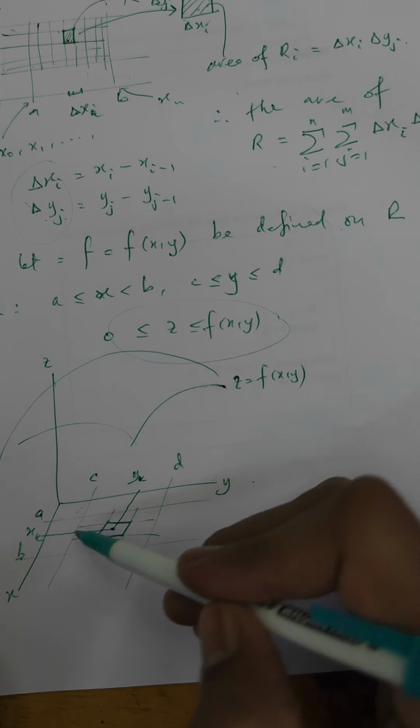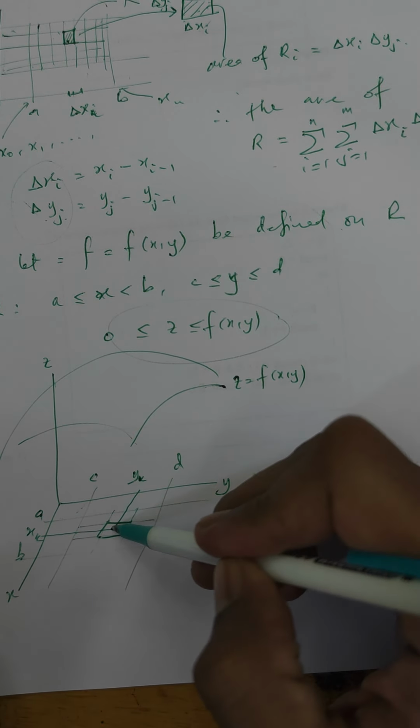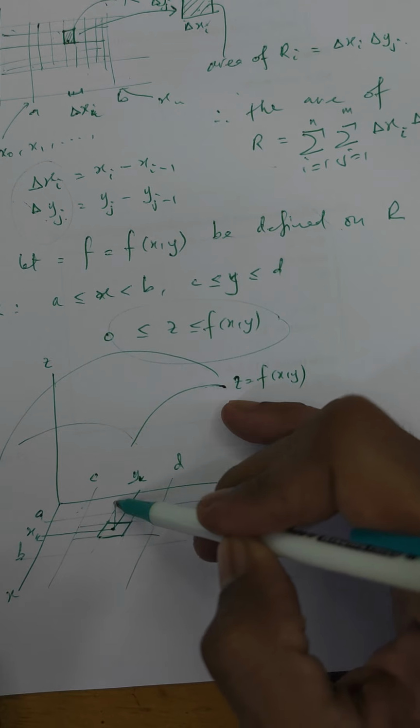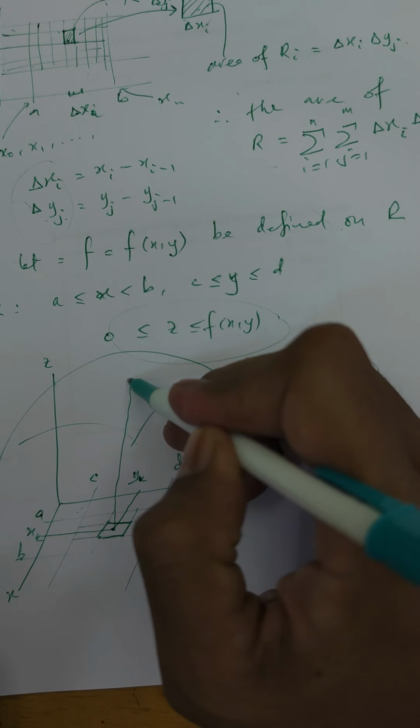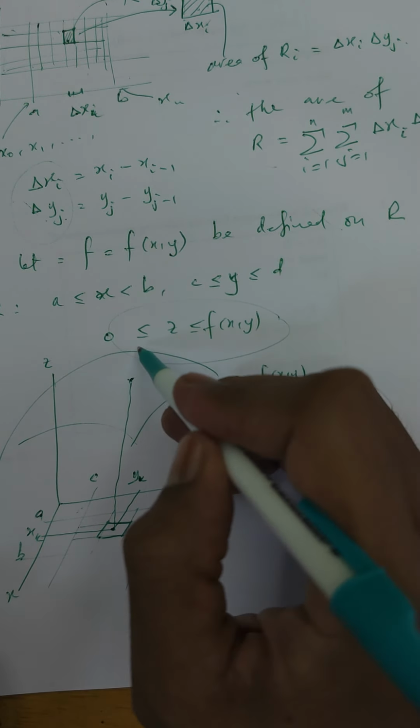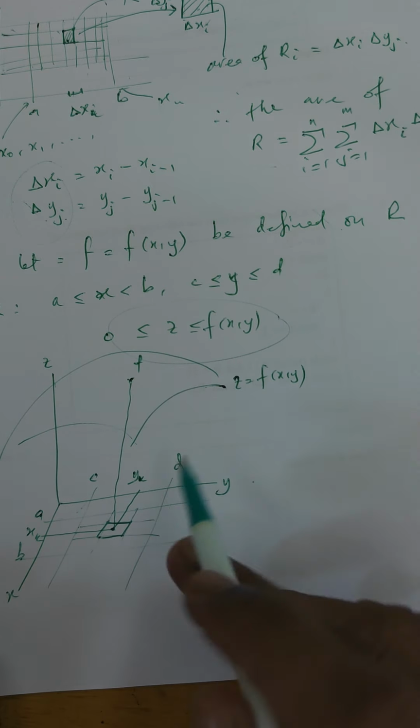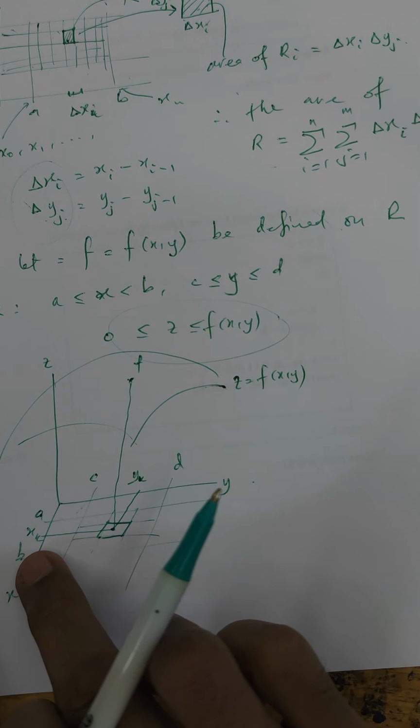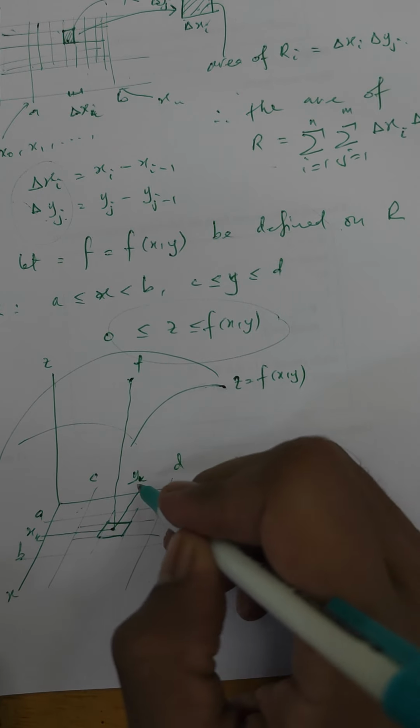Then of course, if I evaluate f at xk, yk, I can find the height of this. I think we use a different notation, such as xi, yj.